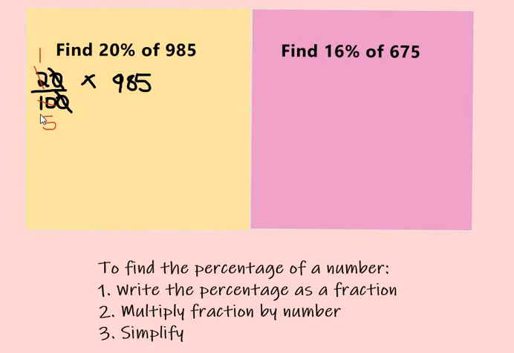Good. Awesome. So 5 into 5 goes 1 time. Remember, we find a factor that goes into both the denominator and numerator at the same time. 5 into 985. Since it's a very lengthy number, we're going to do 1 digit at a time, starting at the left, starting at the hundreds place. So 5 into 9 goes how many times? 1 time, with a remainder of how much? 4.